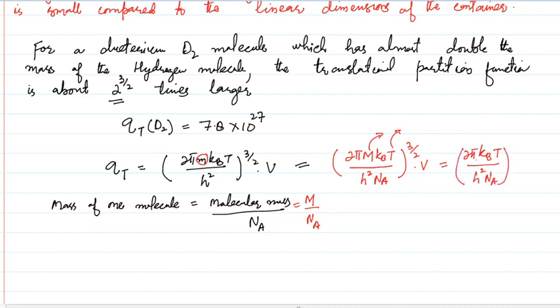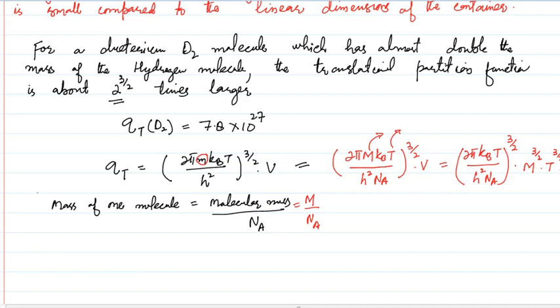These all terms are constant basically, so we will write them separately, into this M raised power 3 by 2 into temperature raised to 3 by 2 and volume. Simply what we have done, we have taken this outside of this whole power 3 by 2, so simply we got these terms.